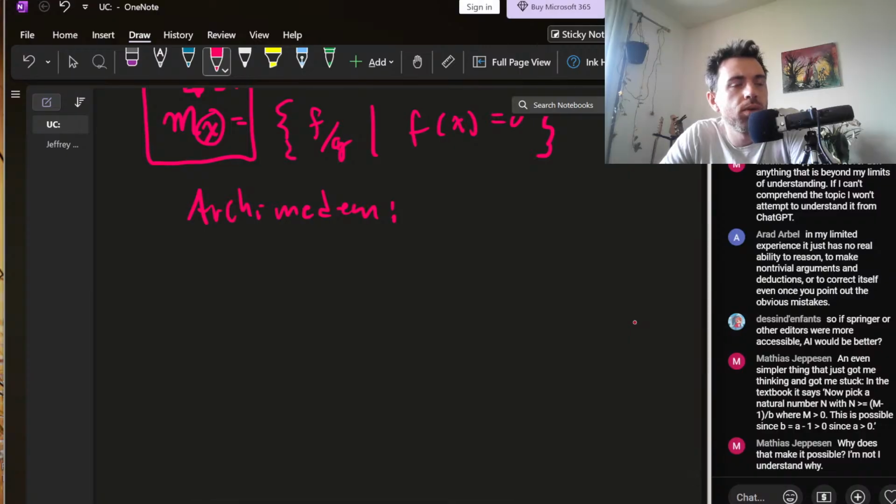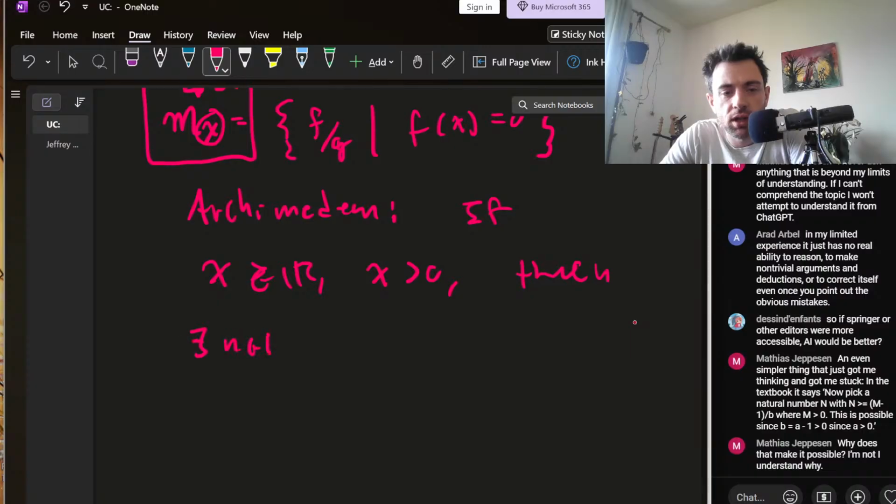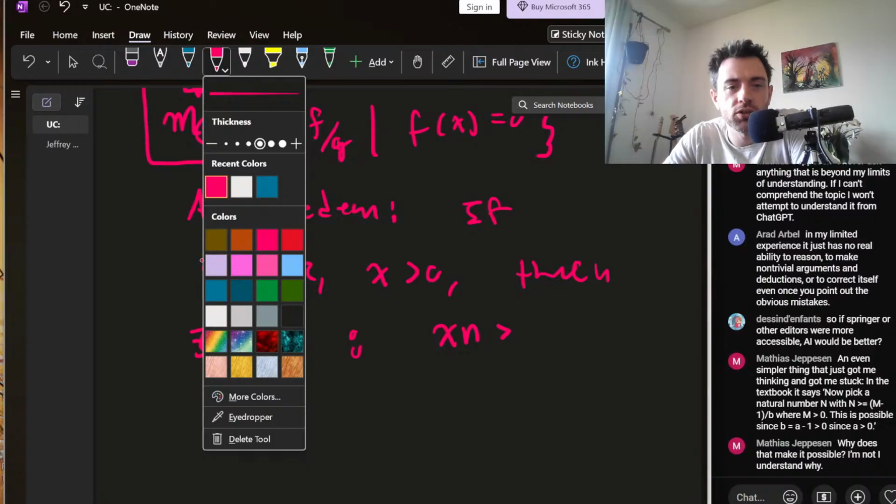I guess one way to phrase it is: if x is a real number which is greater than 0, then there exists an n such that xn is bigger, or I guess we could say xy.